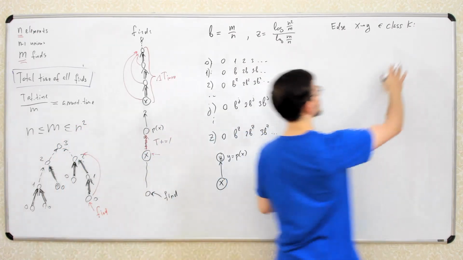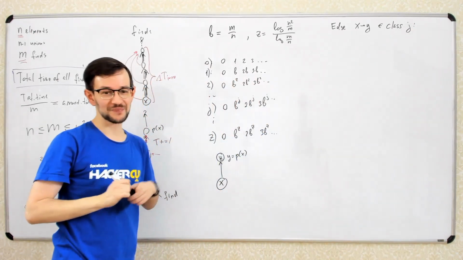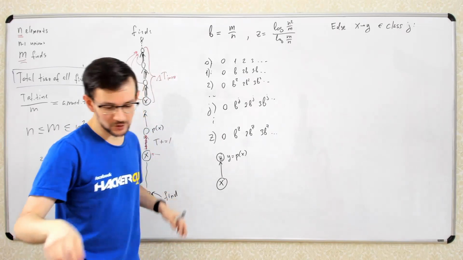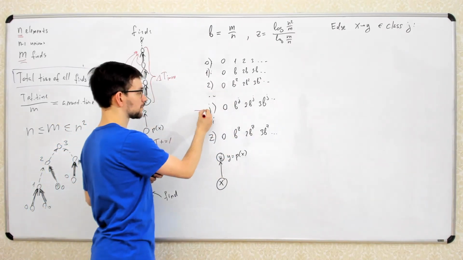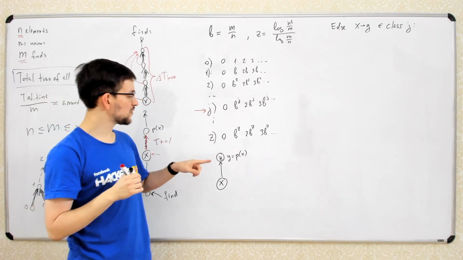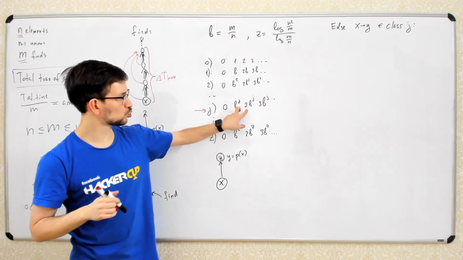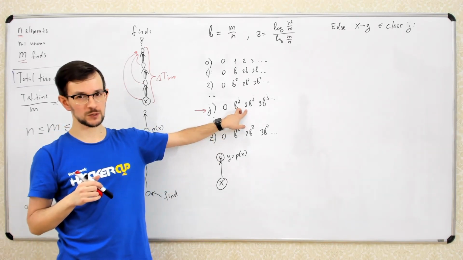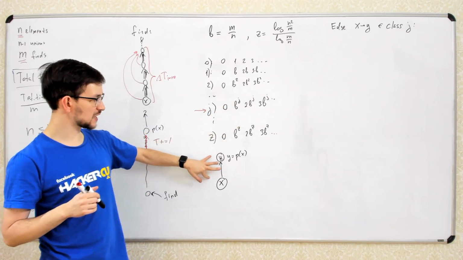Let's take j. Let's save some letters for future. So if we look at sequence number j, and we can fit the ranks of these two vertices between two consecutive values of this sequence, we will say that the class of this edge equals j.